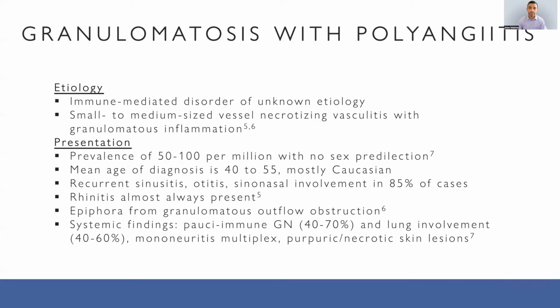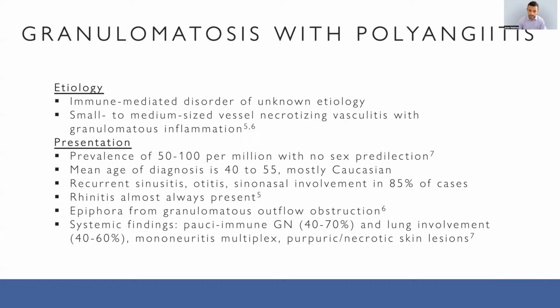First, we'll start with granulomatosis with polyangiitis, or GPA, previously known as Wegener's disease. It is an immune-mediated disorder of unknown etiology that leads to necrotizing vasculitis with granulomatous inflammation of small and medium-sized vessels.